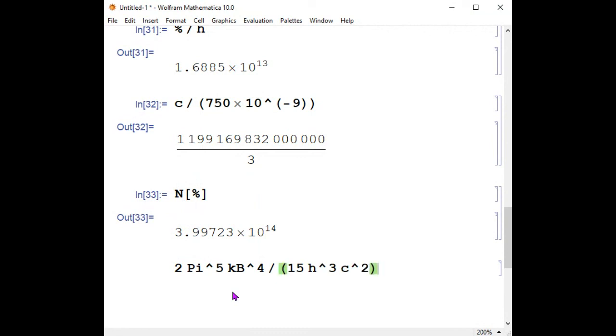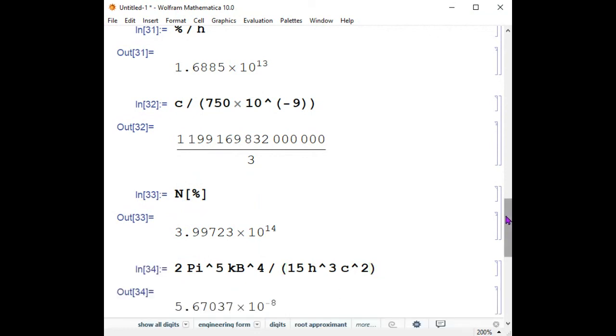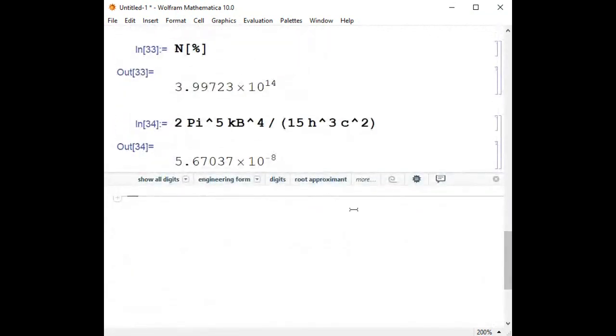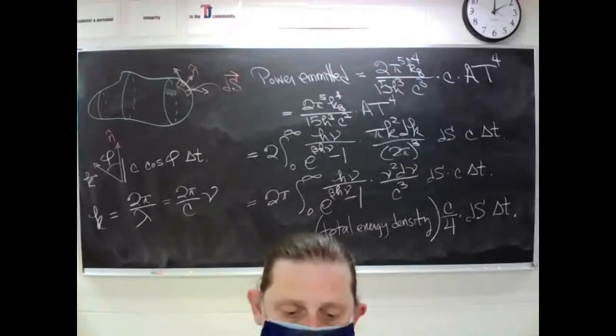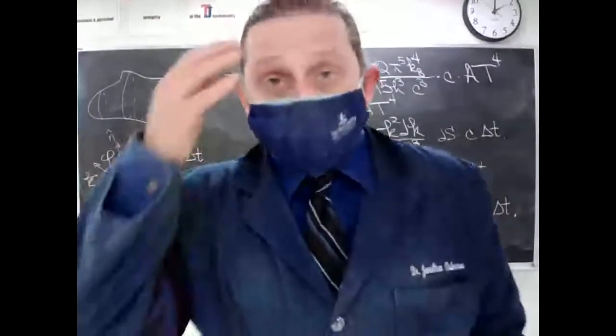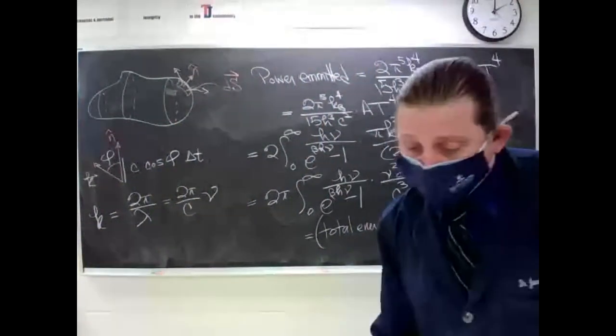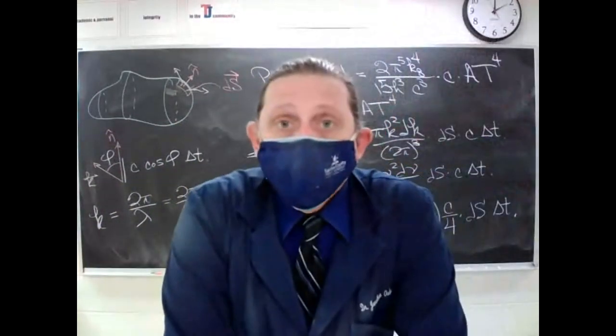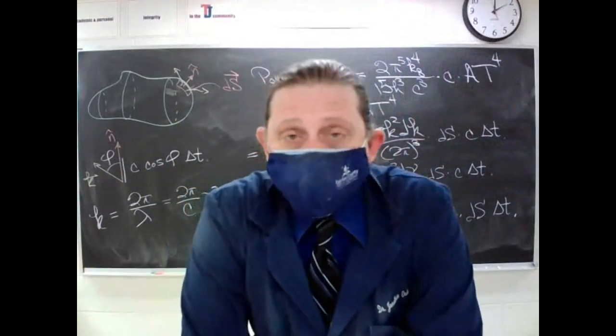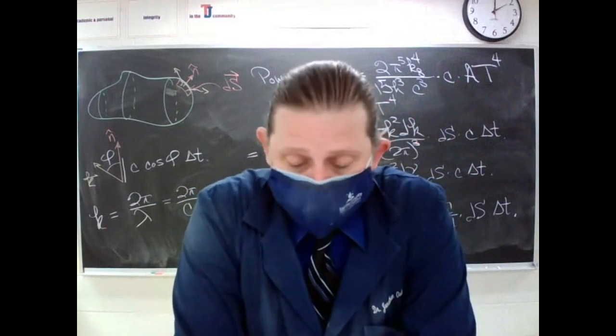All right, and let's see what that is. 5.67 times 10 to the minus 8. Huh. So that, of course, is the Stefan-Boltzmann constant. It comes directly from this analysis.